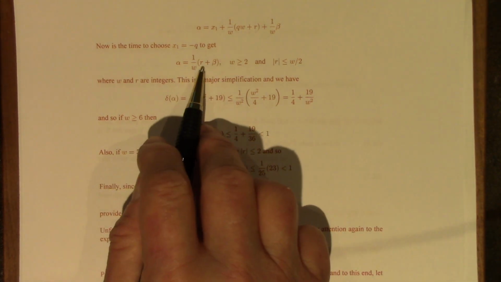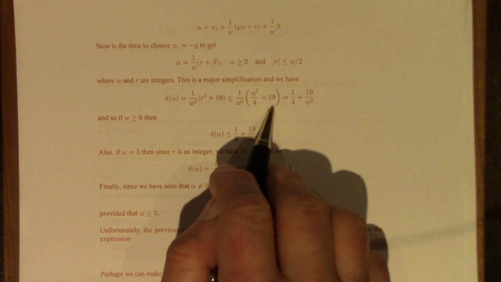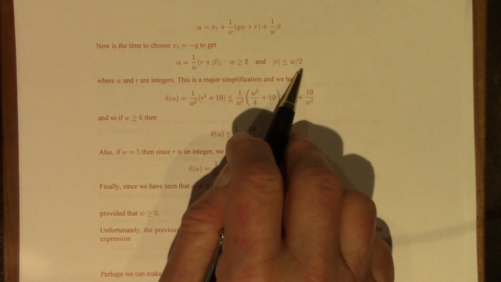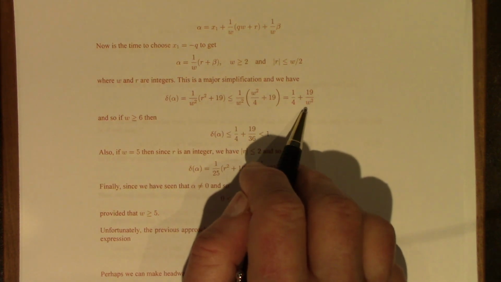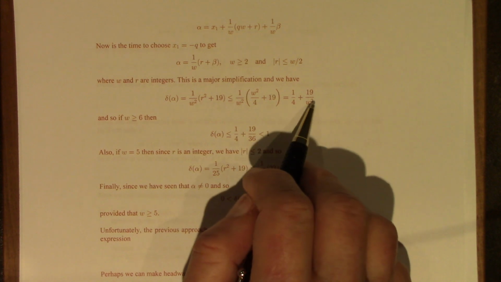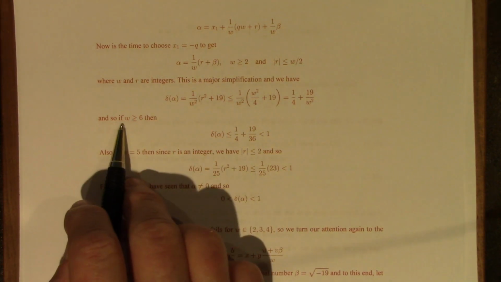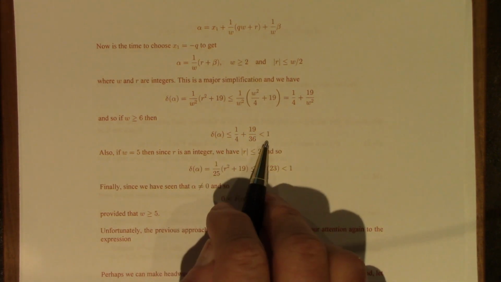So from this, we compute the norm, which is this, less than or equal to this because of the restriction of r. Now you see why we wanted r centered around 0. And that's equal to this. What now? Well, we're trying to show that delta of alpha is less than 1. We already know it's non-zero because alpha is non-zero. If w is bigger than or equal to 6, this will be less than 1.